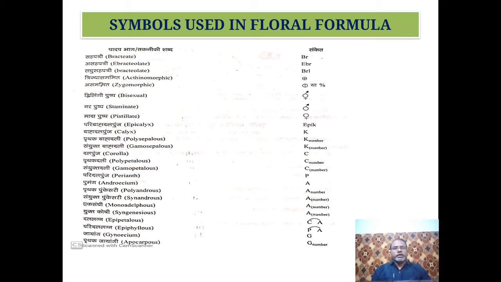In case of addition, there is a curved line on the top of the symbol. If the curved line is let down between C and A, it denotes the corolla and androecium are adnate.